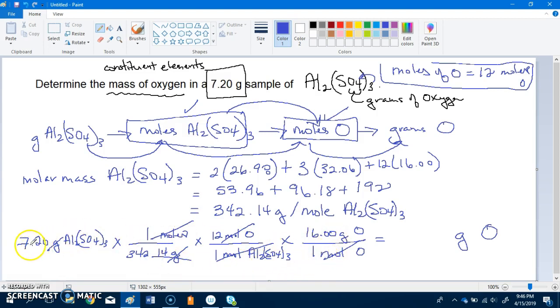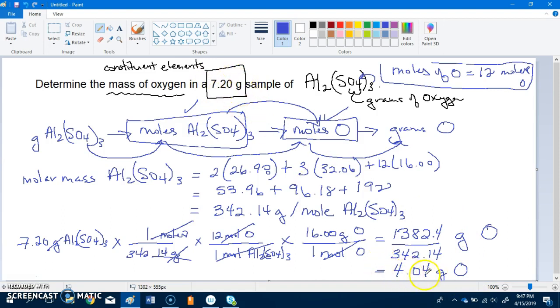So when I go across, I get 7.2 times 1 times 12 times 16 gives me 1,382.4, and that's all over 342.14 times 1 times 1, so that's 342.14. And then when I divide these, my final answer is 4.04 grams of oxygen.